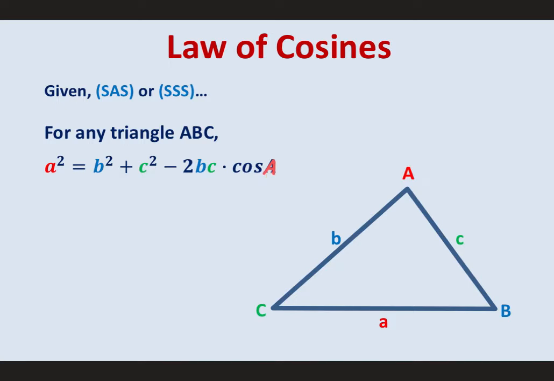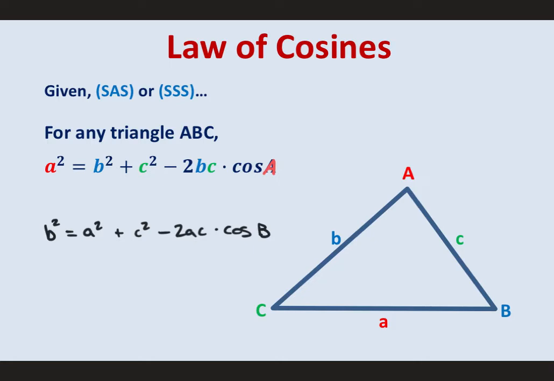So I can change this up a little bit and use different letters if I want. I could say b squared equals, and then I would write a squared plus c squared minus 2ac times the cosine of the angle across from what we were looking for. So we're looking for b, so we would put cosine of B. It doesn't matter which letter is on its own over there.